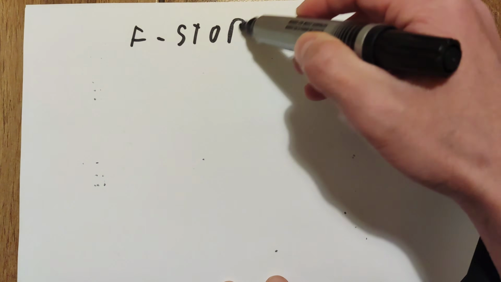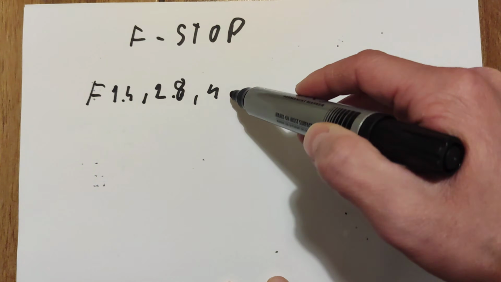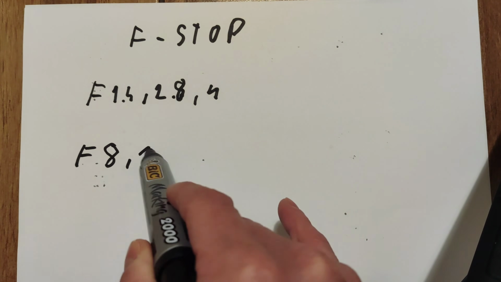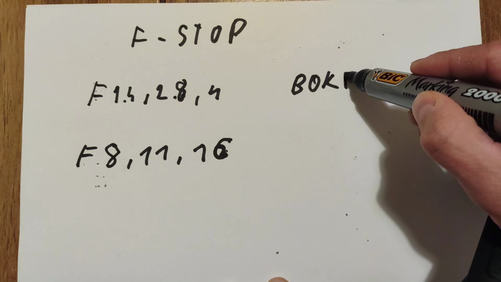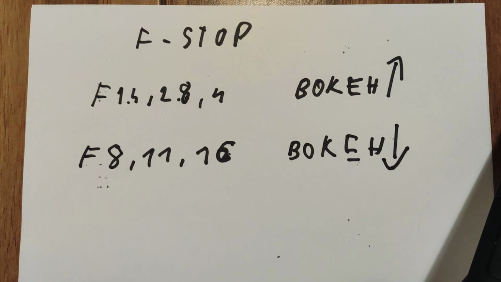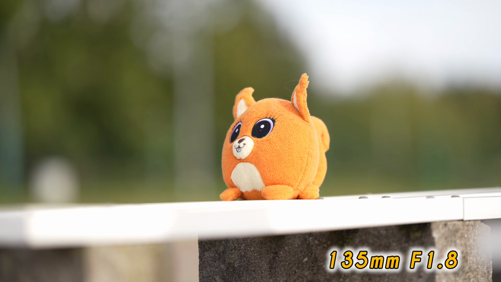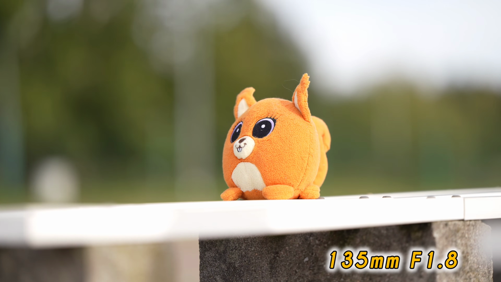And of course the f-stop number and the aperture is also very important. So the rule is very easy: the lower the f number is, the more bokeh you will get. So the best is f1.4, of course, f1.8, f2.8, f4.